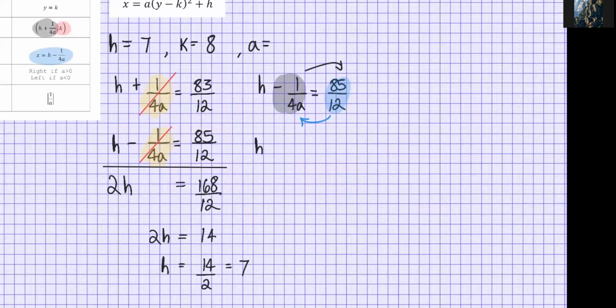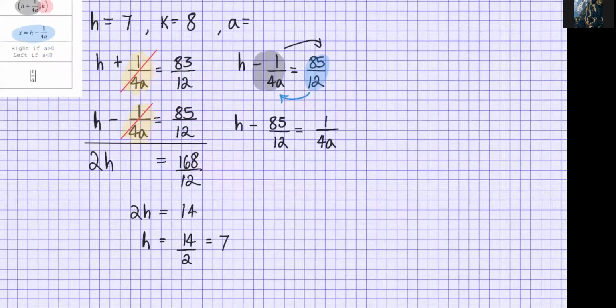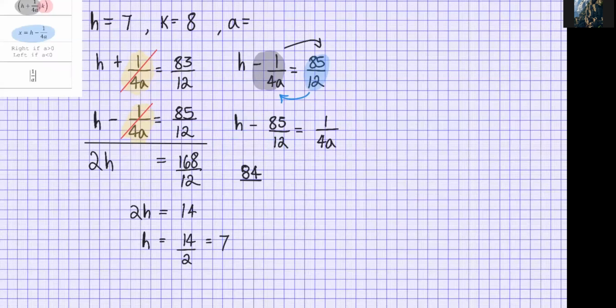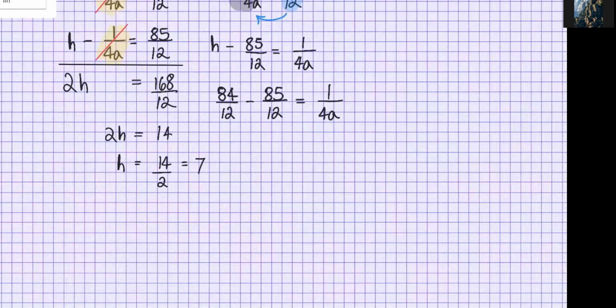So we will have that H minus 85 over 12 will be equal to 1 over 4 times A. So as H is 7, it'll be just a matter of writing the 7 in 12ths. So that'll be 84. So we have 84 over 12 minus 85 over 12 will equal 1 over 4A. It will be negative 1 over 12.